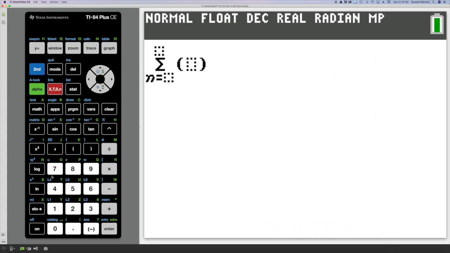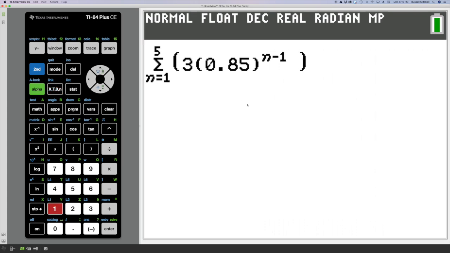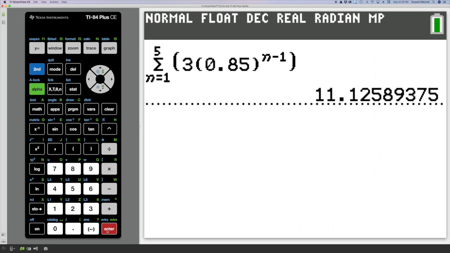All right, and we're going to start it at 1, and we want to add the first 5, so we want to end it at 5, and then our formula is going to be 3 times the 0.85 raised to the n minus 1. So when you're in sequence mode, it gives you an n instead of an x. Okay, if we press enter, we get 11.1259.